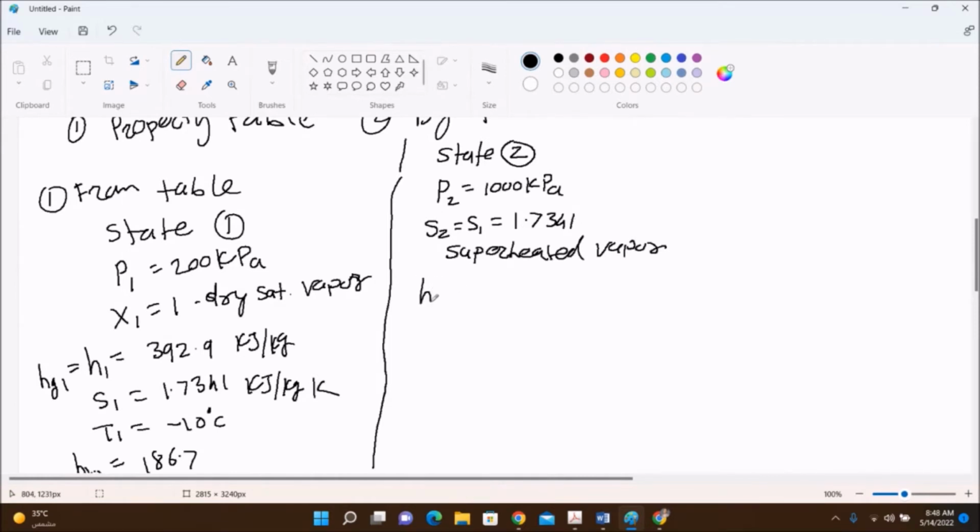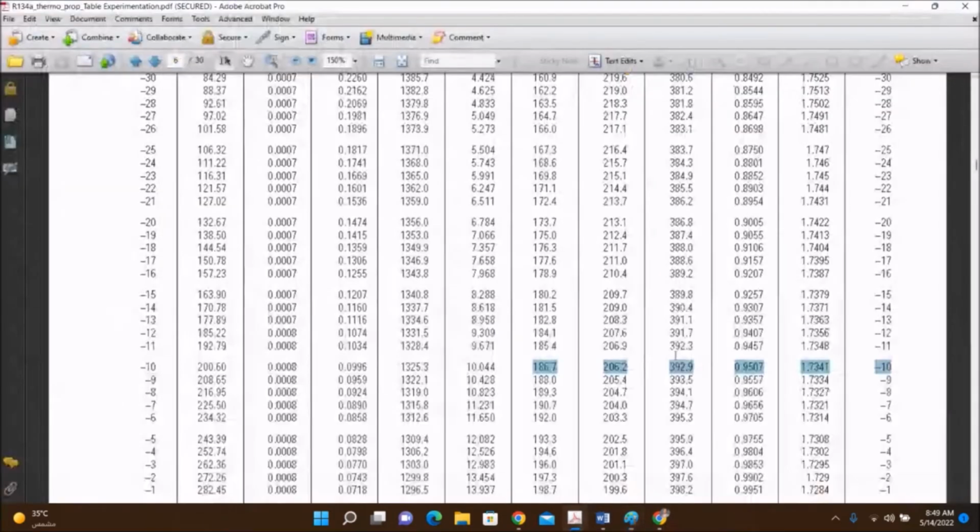Find out the enthalpy. Hg is nothing but H2 dash, and Tg is T2 dash, then T2, H2. Now go to the steam property table. See the page next.